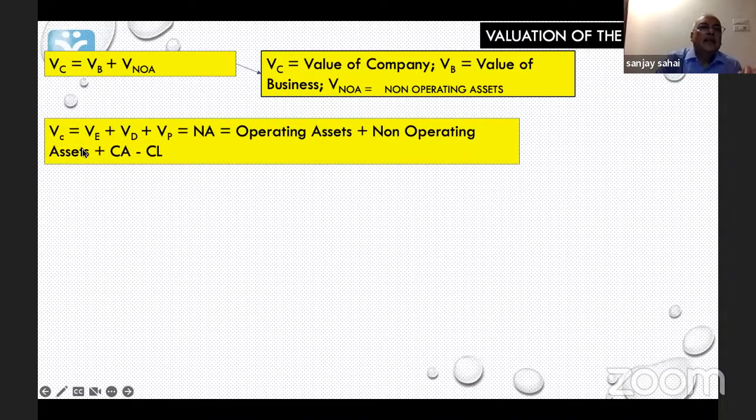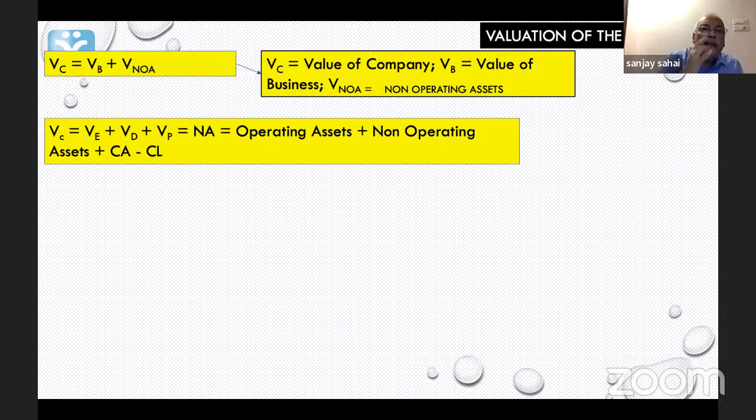Now, suppose I give more components to this. So it will be value of company is equal to V subscript E, that means value of equity, plus VD, value of debt, plus value of preference shares.